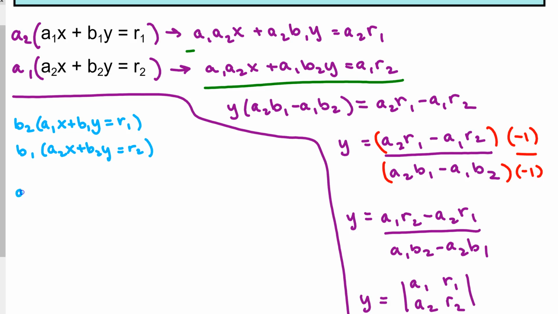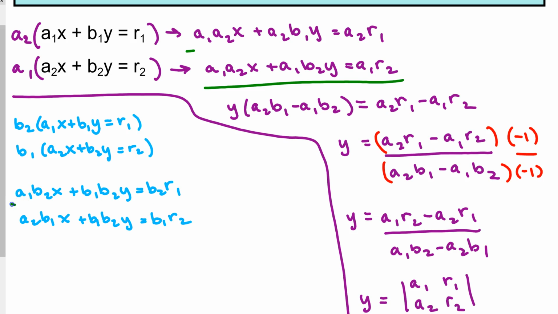And the first equation is now A1 B2x plus B1 B2y equals B2 R1. The second equation is A2 B1x plus B1 B2y equals B1 R2.